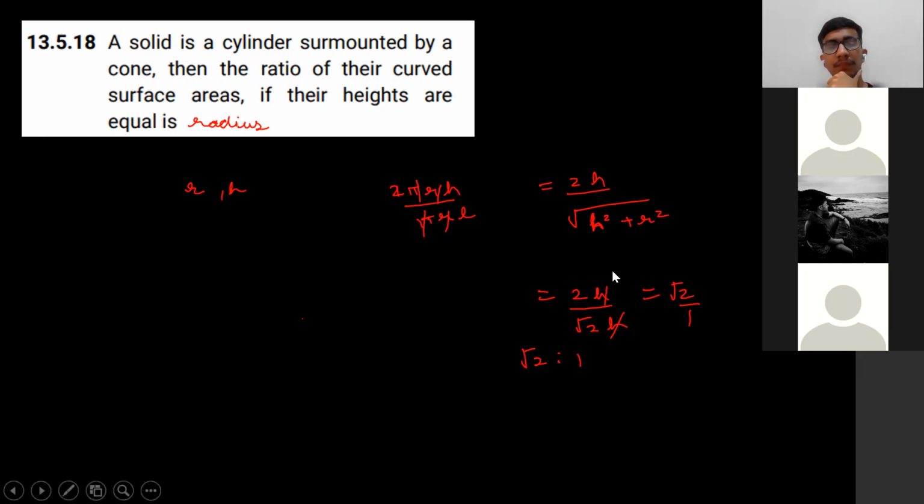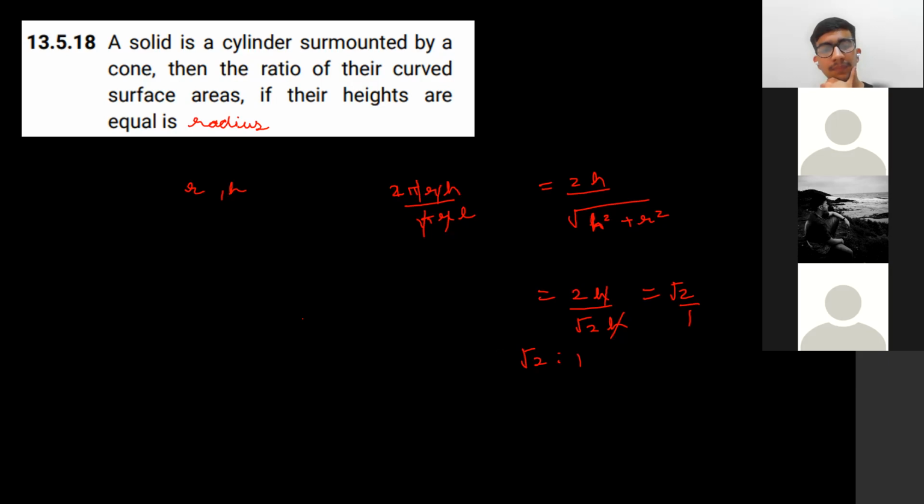Sir, is my answer wrong? I still don't get how you got root 2h in the denominator. So I've changed the question. Actually, I've written if height is equal to radius. Then Aditya, why have you written r square minus h square? What is L in terms of r and h?